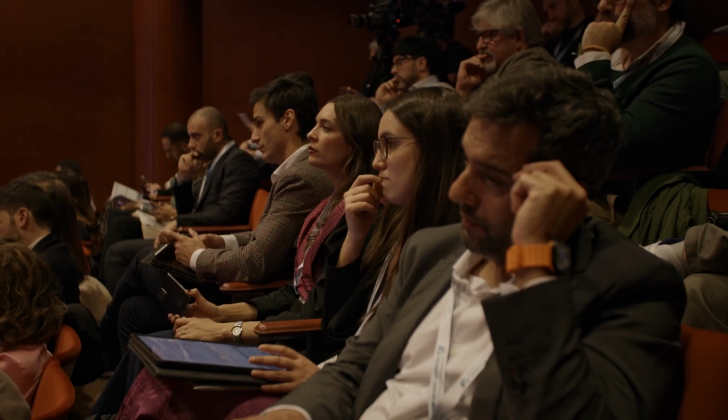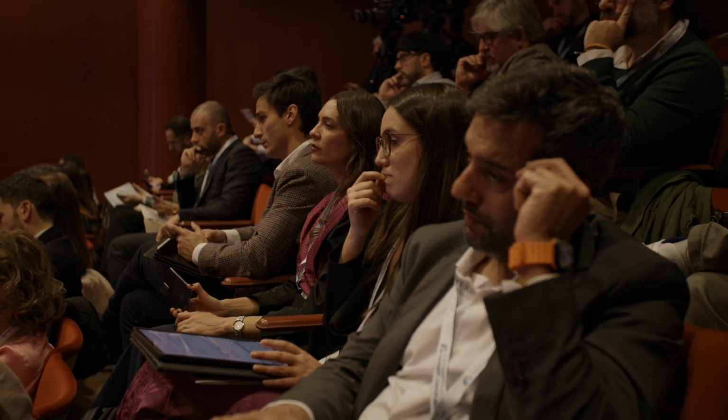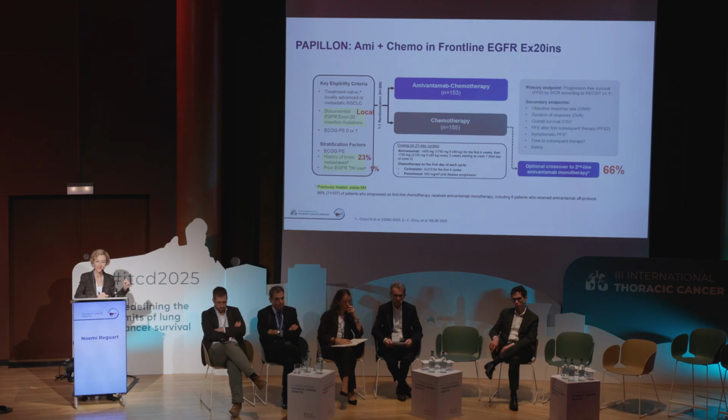Importantly, very importantly, because this is something we can discuss afterwards, patients with brain metastases were allowed to be included in the trial. However, like other trials, patients had to be previously treated with radiotherapy and had to be stable without symptoms. And another important thing is that after progression, those patients that were in the control arm were allowed to cross over to amivantamab.